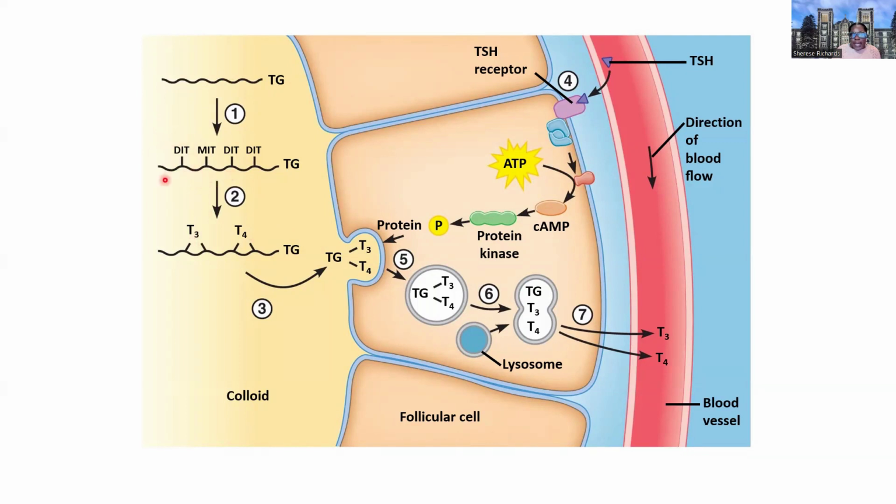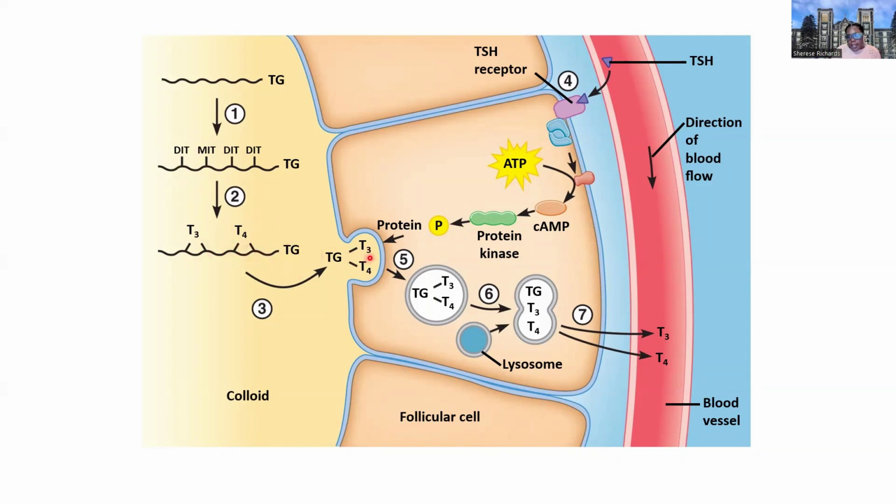If we have one DIT and one MIT, M meaning mono, D meaning di, then we're going to have two residues plus one residue, and that makes T3. So depending on how we combine these iodine residues with thyroglobulin will determine whether we make T3 or T4, tetraiodothyronine or thyroxine, which is T4.